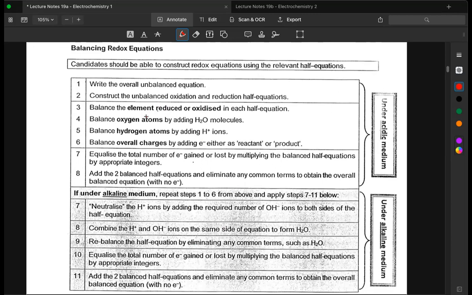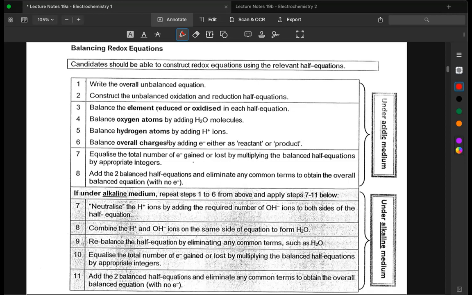You balance the element reduced or oxidized in each half equation. First, balance the oxygen atoms by adding H2O molecules on the right side of the equation where you have H+ on the left side. Because the medium is acidic, the H+ is on the left side.